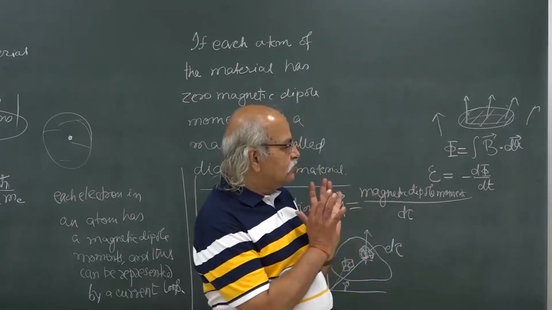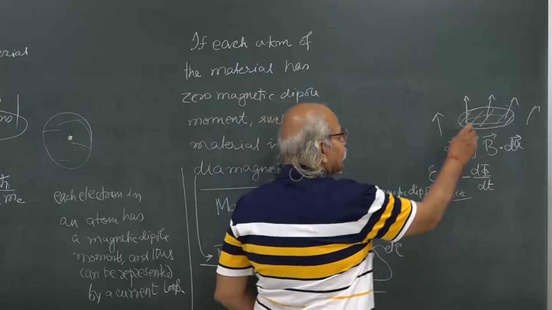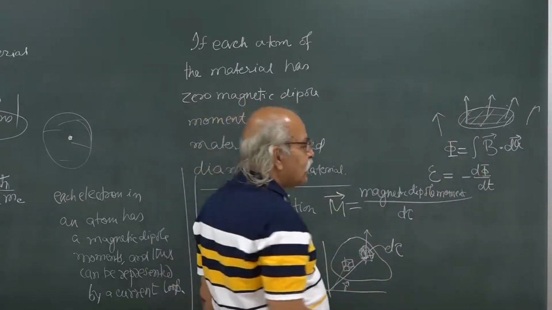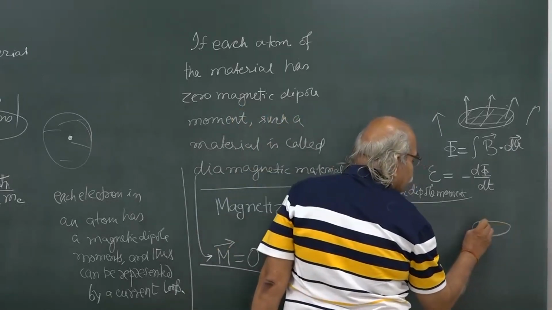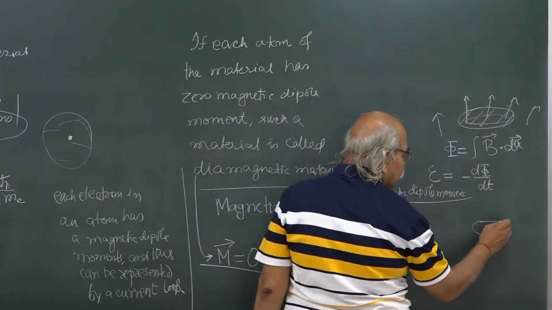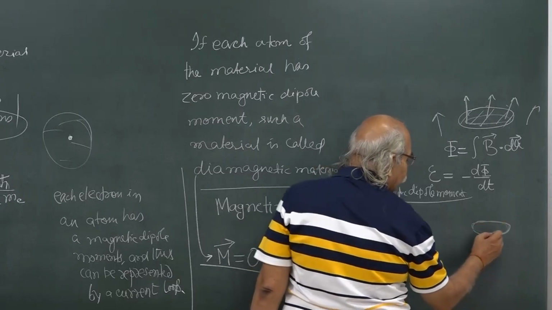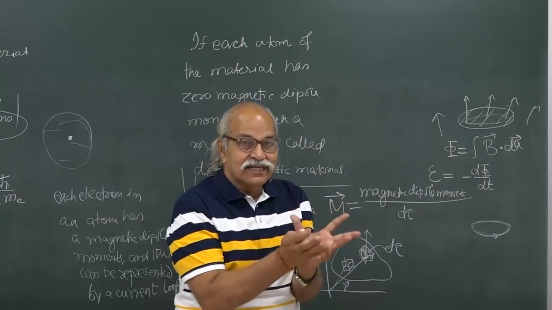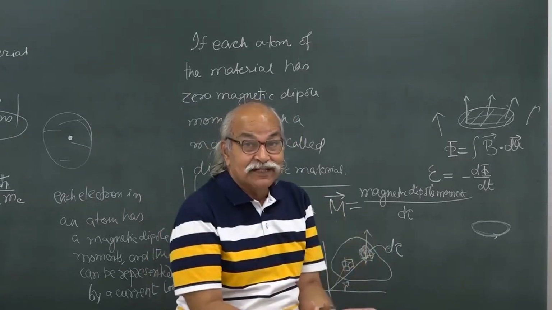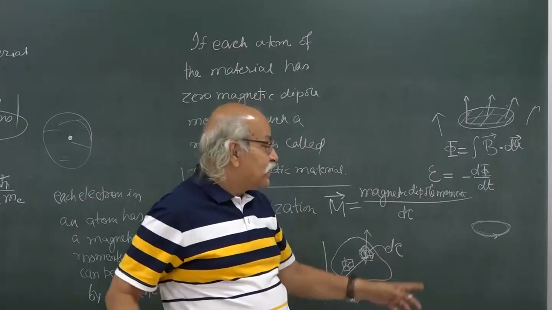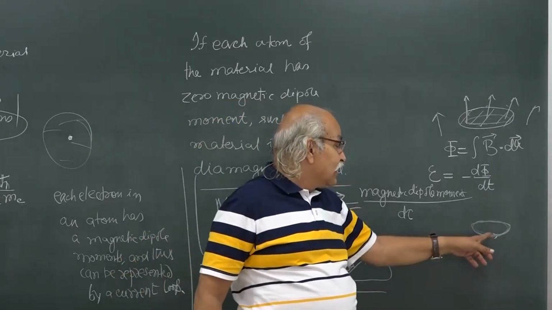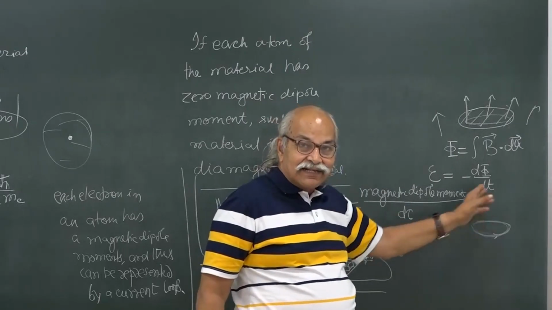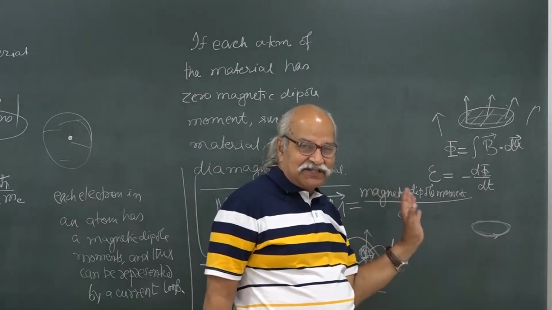So if I just use that, suppose I have an atom, consider just one electron of that atom, which is equivalent to a current loop. It is going in a loop, so there is a current, depending on how fast it is going and what the radius is and so on. All equivalent pictures.